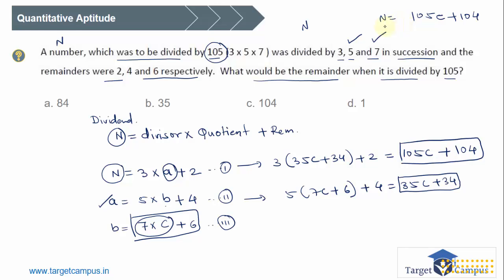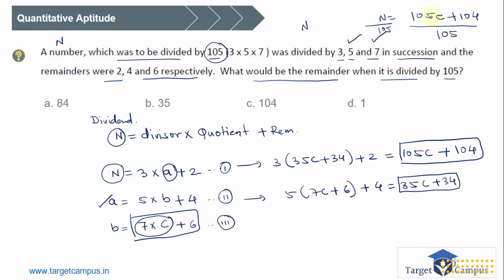Now what is our question? What would be the remainder when it is divided by 105? We have to divide this number by 105. In the basics of remainders, we have seen that we have two terms.